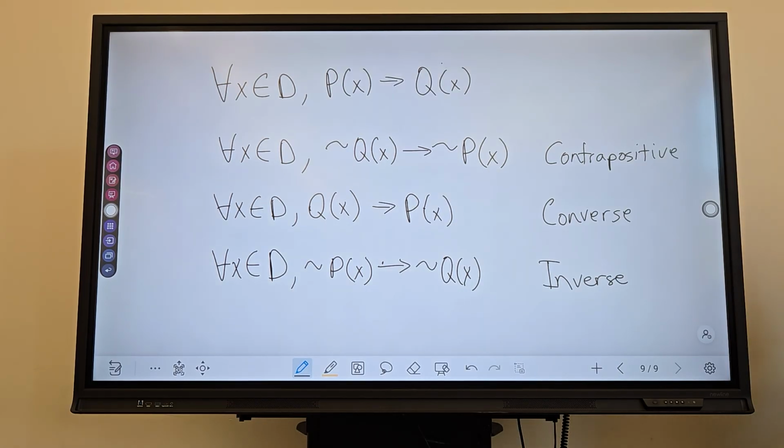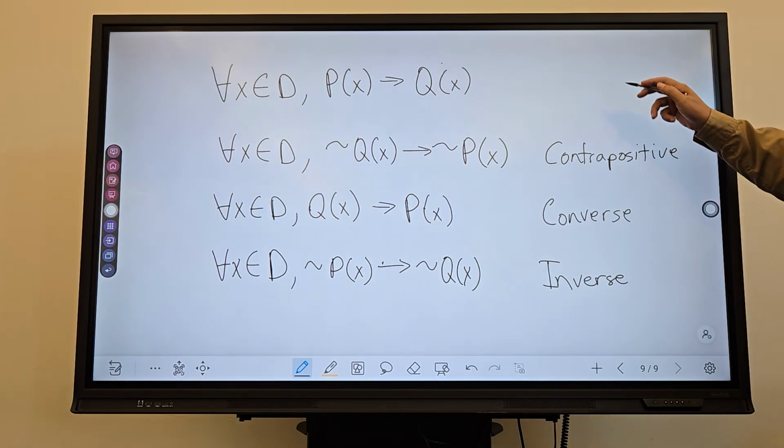The inverse: if a real number is less than or equal to 2, then the square of the number is less than or equal to 4. Again, this is not true because -3 is less than or equal to 2, but the square is greater than 4. So the converse and inverse are not equivalent to the contrapositive and the original.